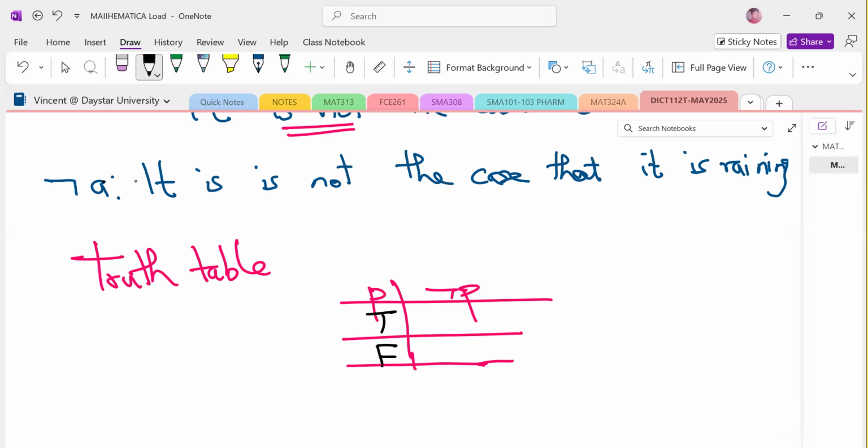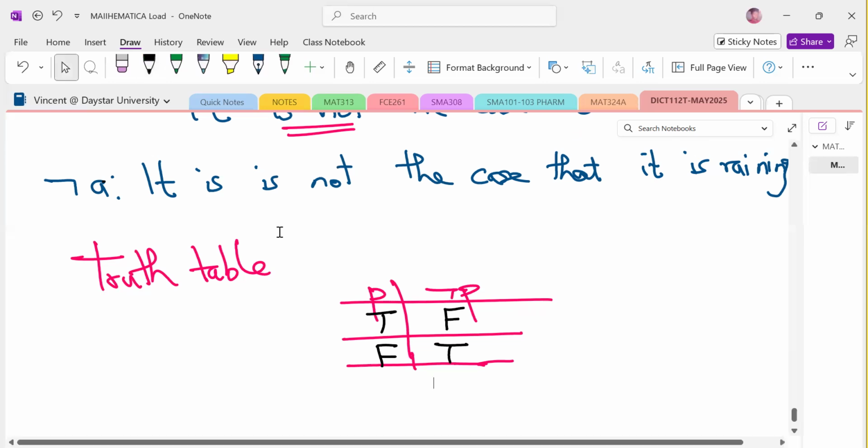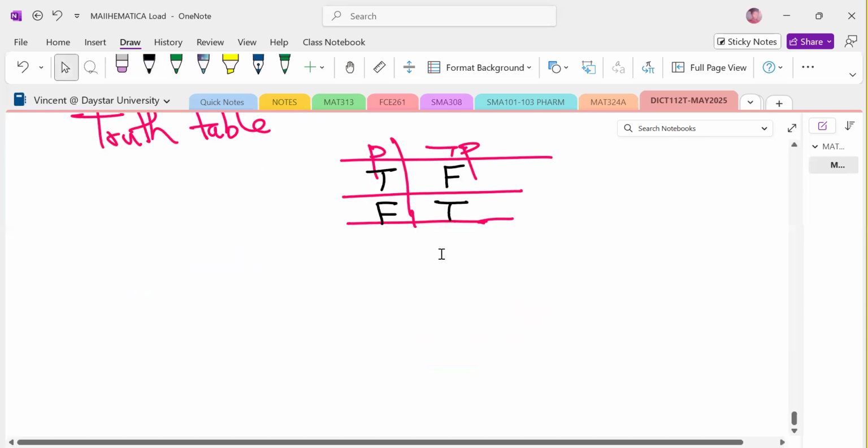So when statement P is true, its negation will be false. And when the statement P is false, its negation will be true. So that is the end of that first logical connective. So that's how we deal with negation. We started by defining what a negation is, we gave examples, and then we drew the truth table.